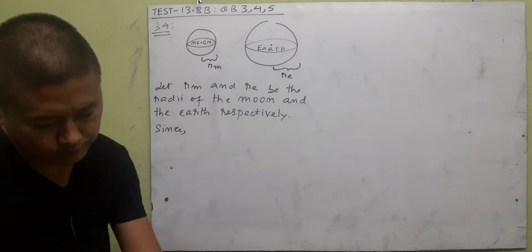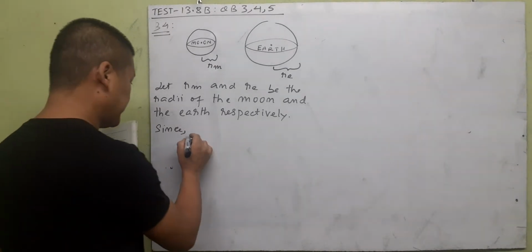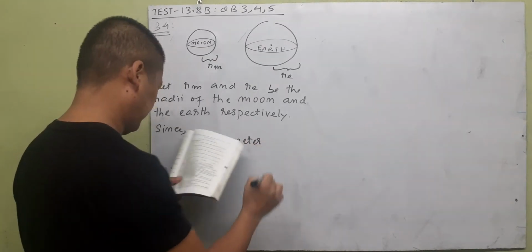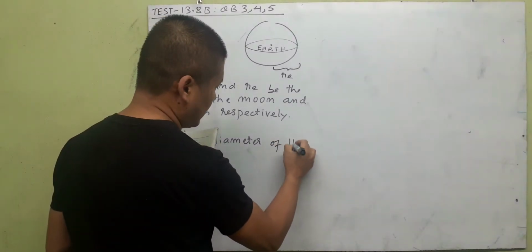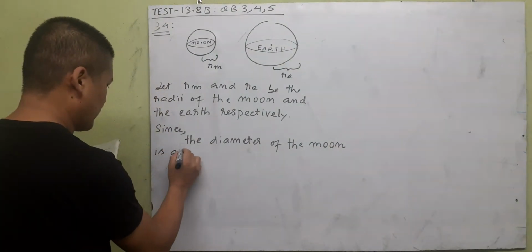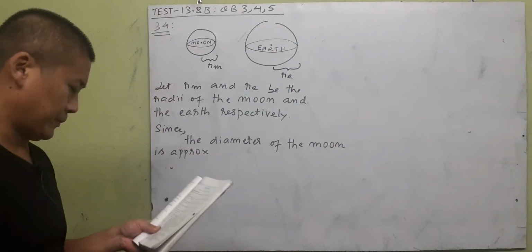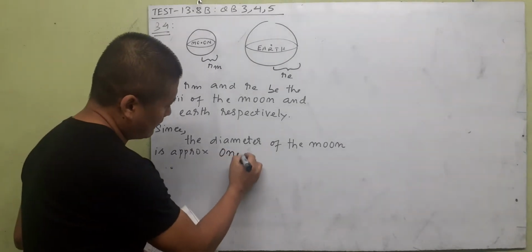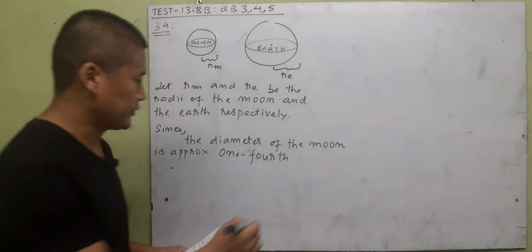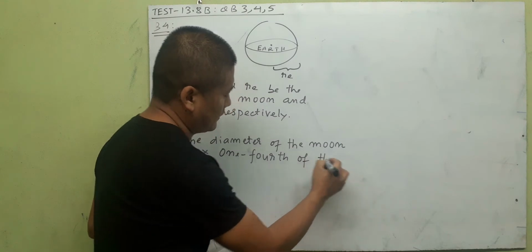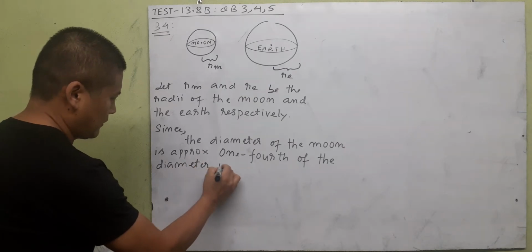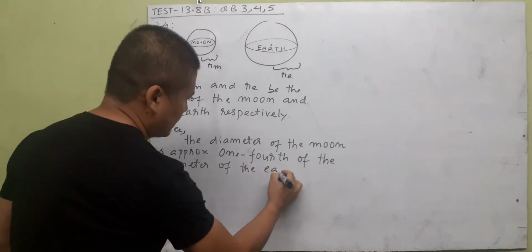Since the question is saying the diameter of the moon is approximately 1/4 of the diameter of the earth.